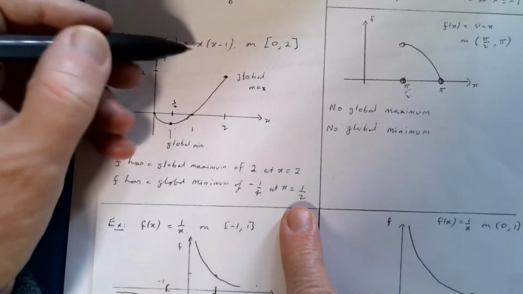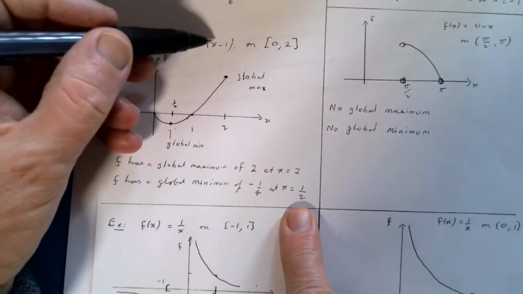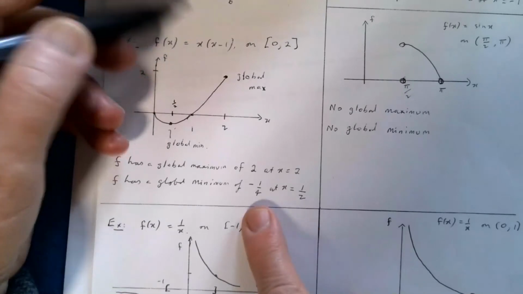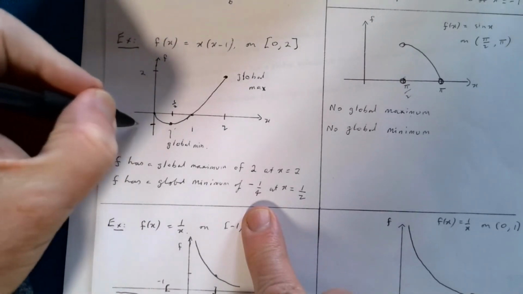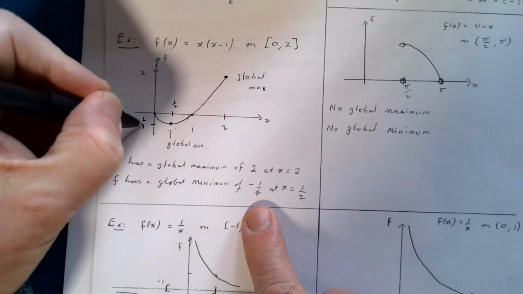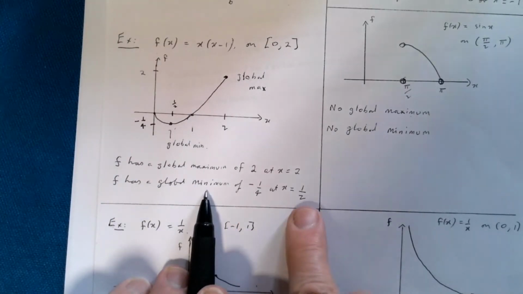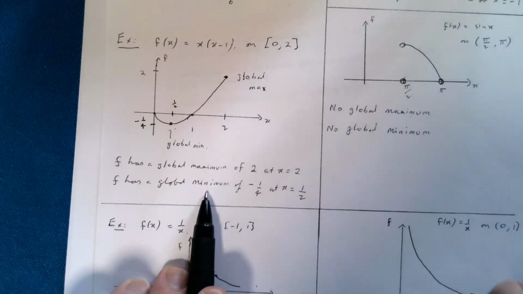And if I put a half back into here, I get a half minus 1 is minus a half, times a half is minus a quarter. So it's got a global minimum of minus a quarter at x equals a half. So it's a very simple example of what we're doing here.